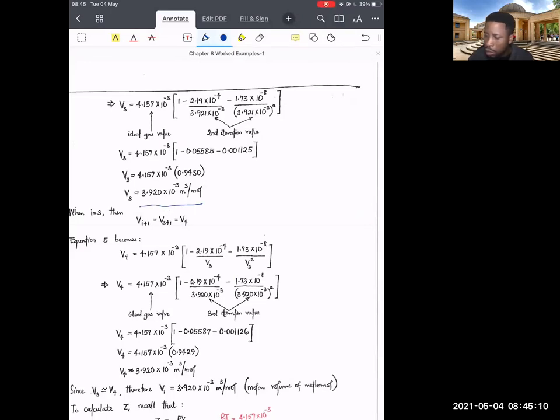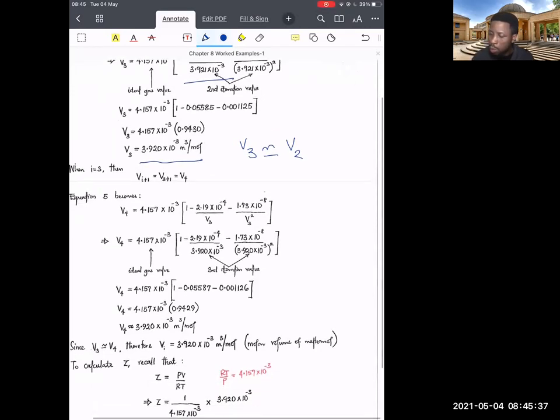If you look at the values of V3 and V2, you see that they are quite close. 3.9, so we are almost there. So V3 and V2, we can say are approximately the same, very close.